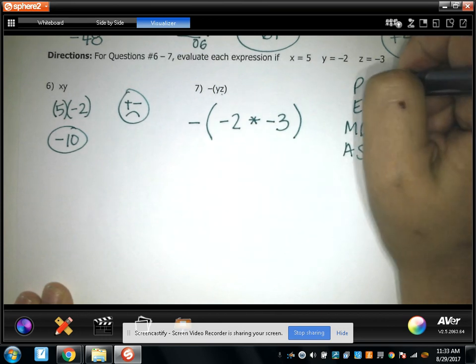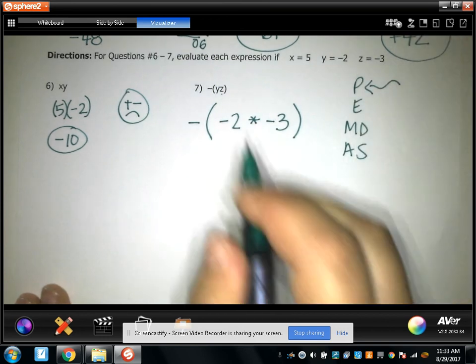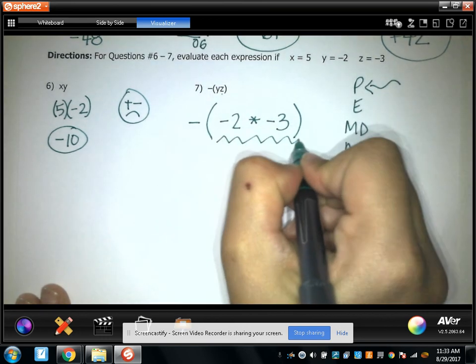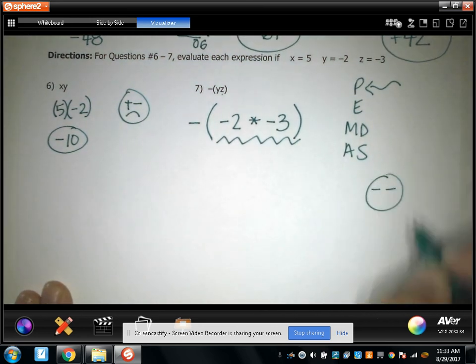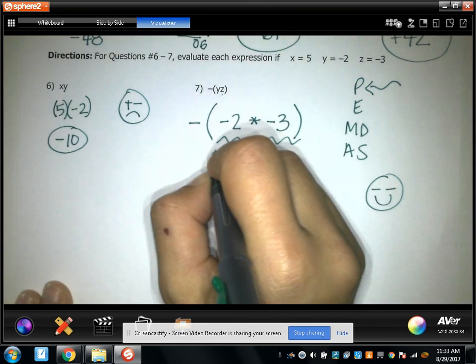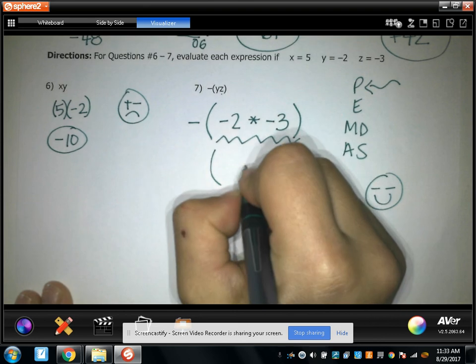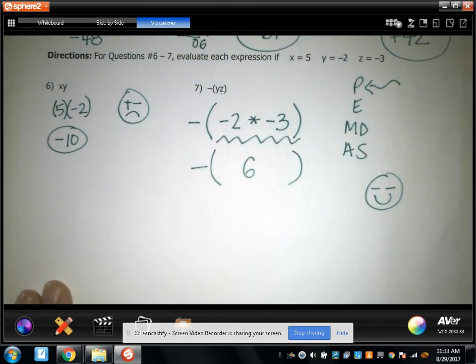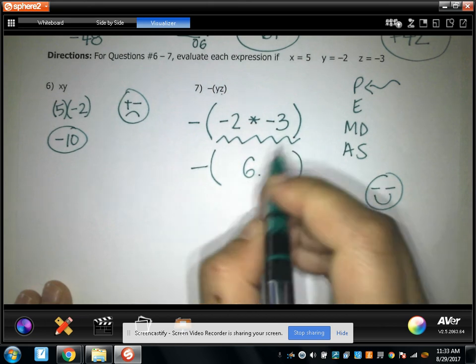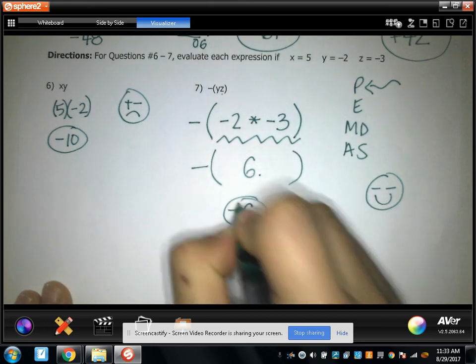I'm going to do what's inside of parentheses first. What is -2 times -3? -2 times -3 is positive 6. So inside my parentheses here, I'm going to have a positive 6. But I'm still going to have a negative outside the parentheses. So my final answer is going to read as -6.